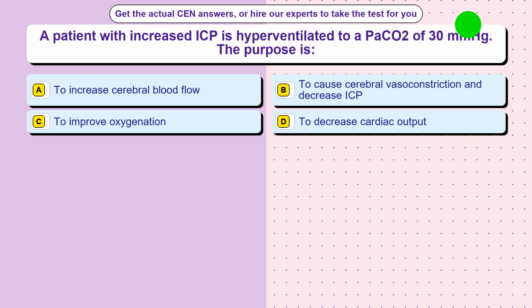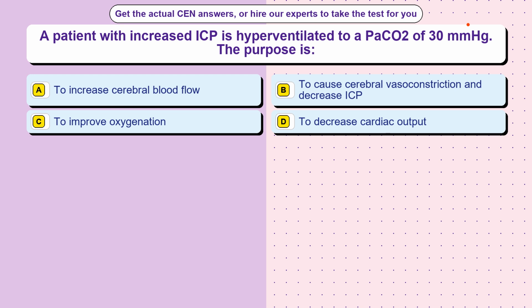Question 55. A patient with increased ICP is hyperventilated to a PaCO2 of 30 mmHg. The purpose is: Option A, to increase cerebral blood flow. Option B, to cause cerebral vasoconstriction and decrease ICP. Option C, to improve oxygenation.